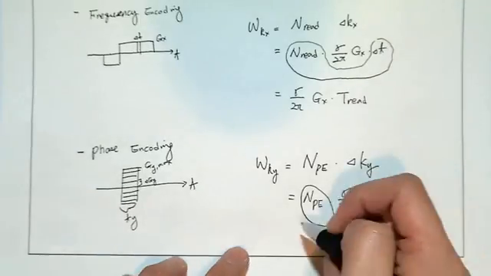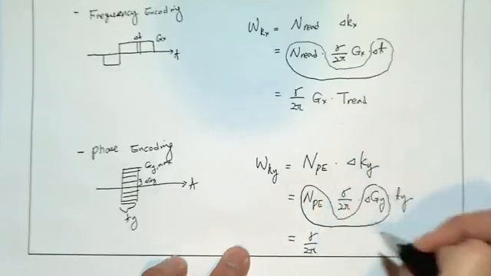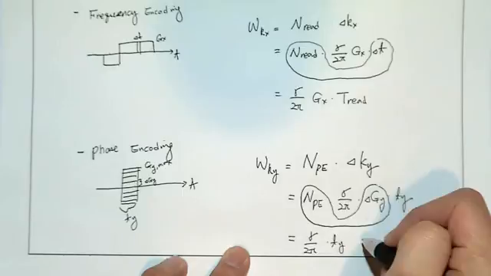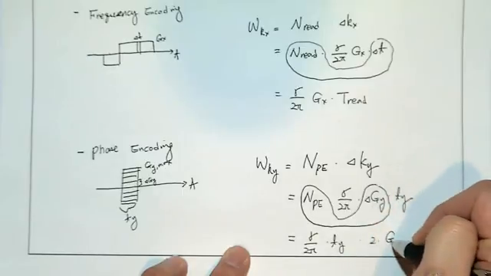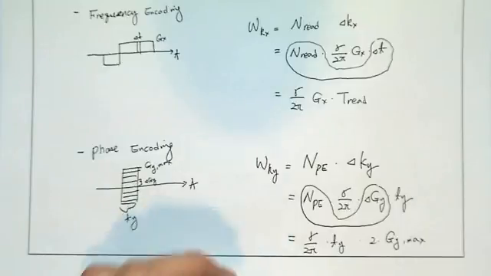So in other words, you can write it as gamma over 2 pi TY times 2 times GY max. Okay? Two times GY max is basically the length of this, right? And T read is basically the length of that.